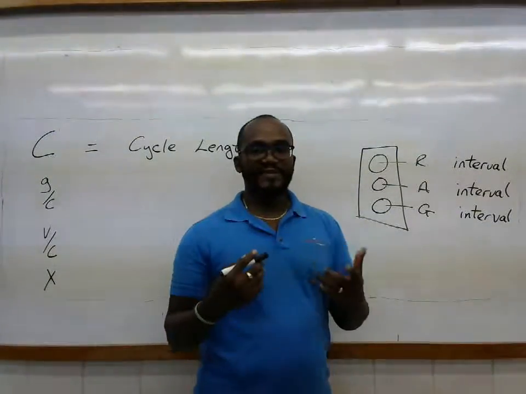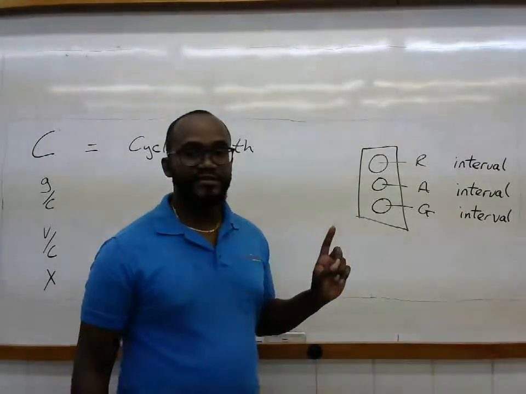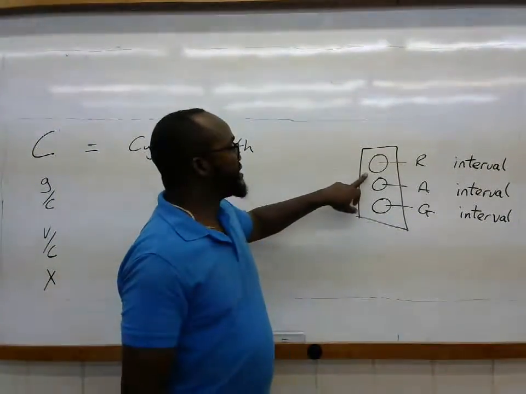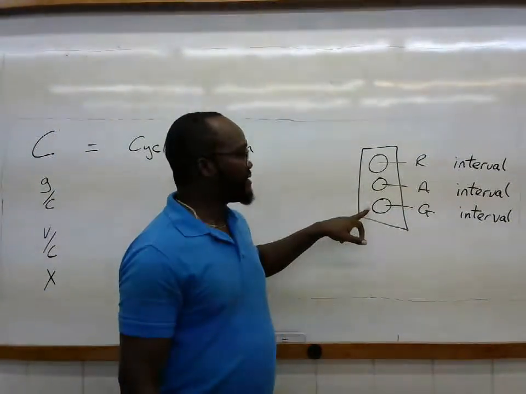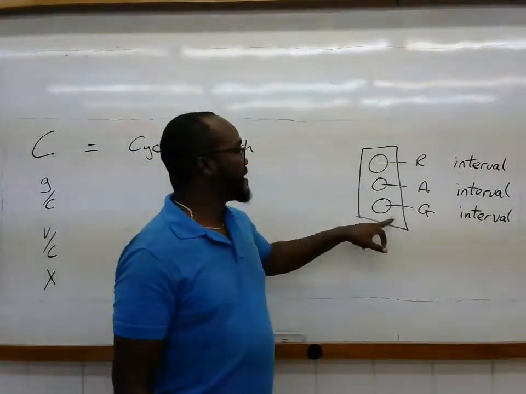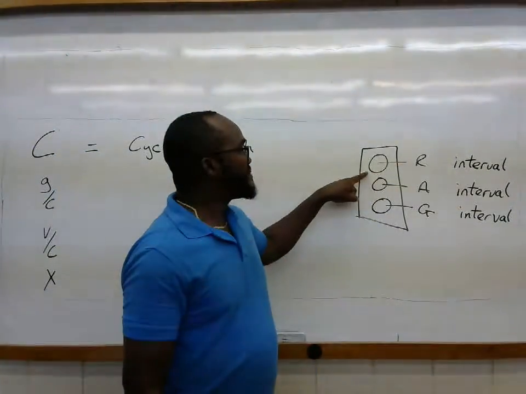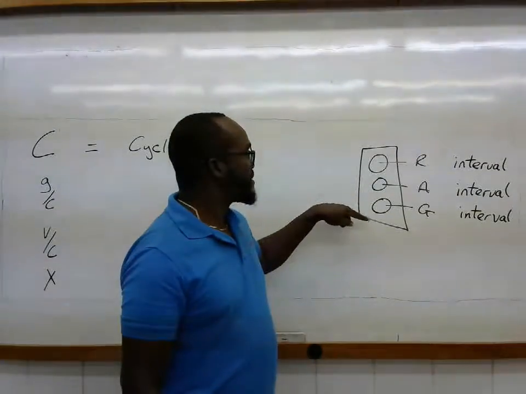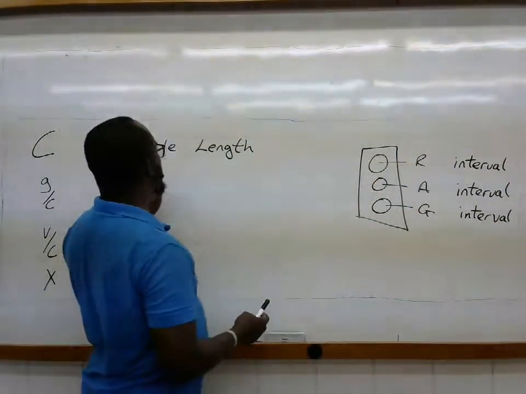The way the traffic signal is set up at the intersection, as with most signalized intersections in Trinidad, is that initially you have a red, then you go to green. The green lasts for a particular time, then it goes to amber, then back to red. So the time it takes to go through that pattern, or what we refer to as a cycle, is called the cycle length.